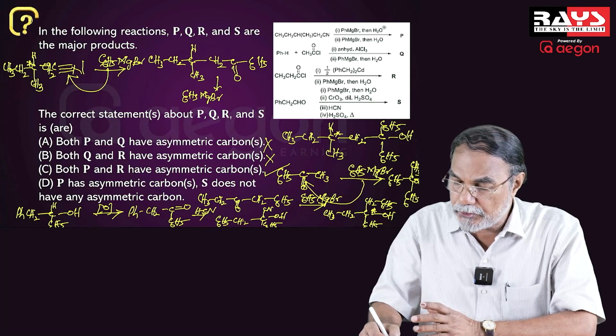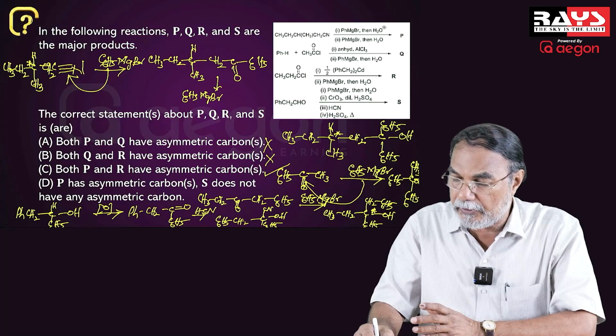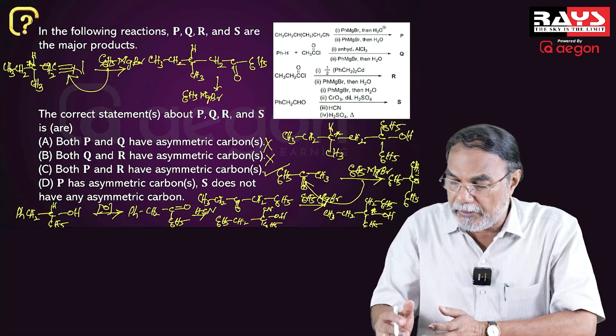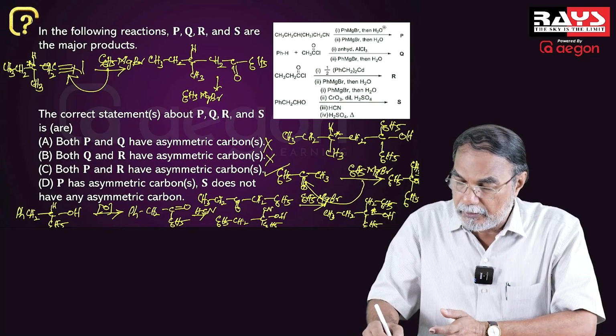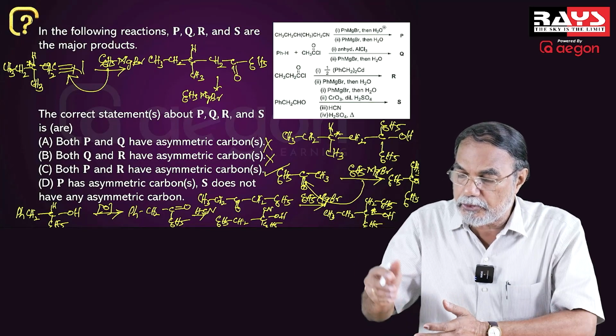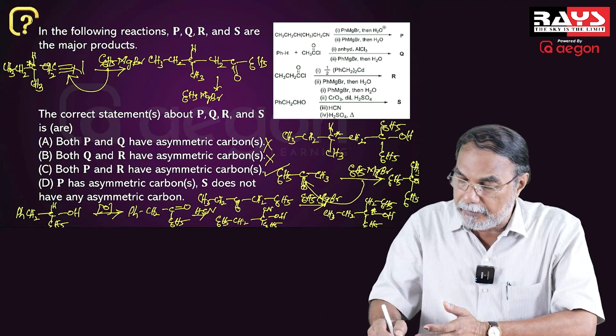The CN group is hydrolyzed to COOH group to get a hydroxy acid, and this hydroxy acid on heating, of course it is sulfuric acid, heating, it's actually a process of dehydration. So there are two things happening. The CN is converted into COOH, and OH and H being removed as a molecule of water to create a double bond.